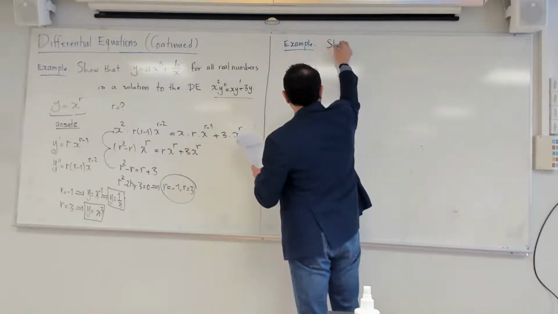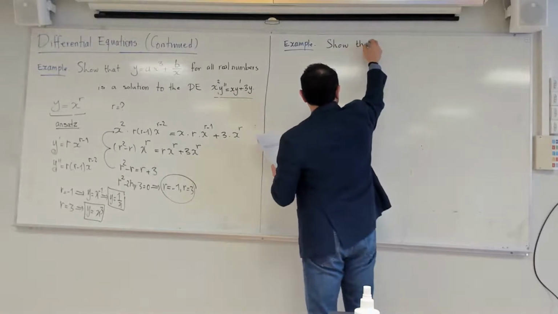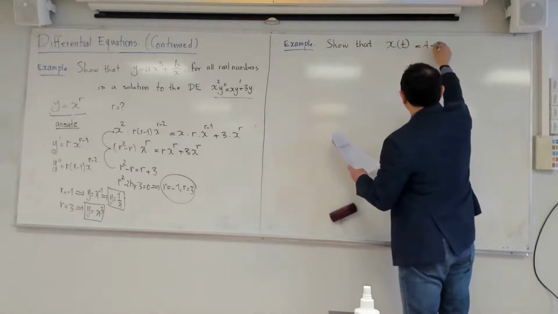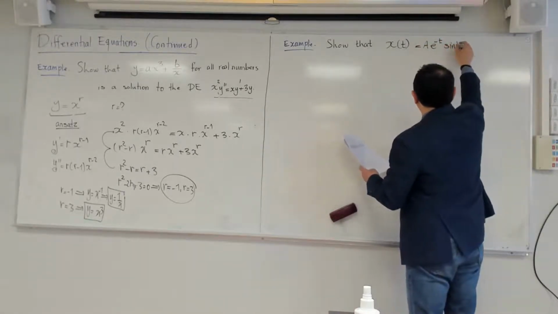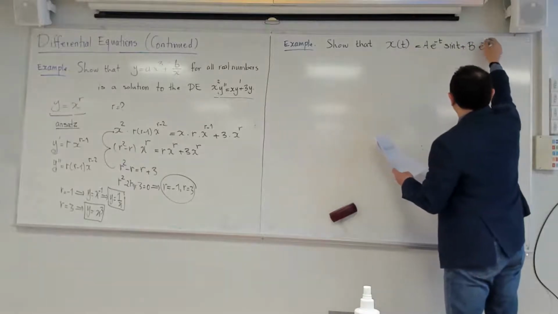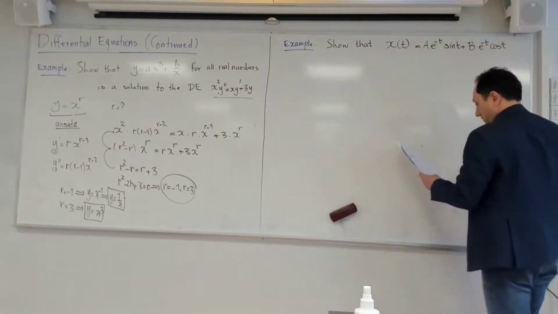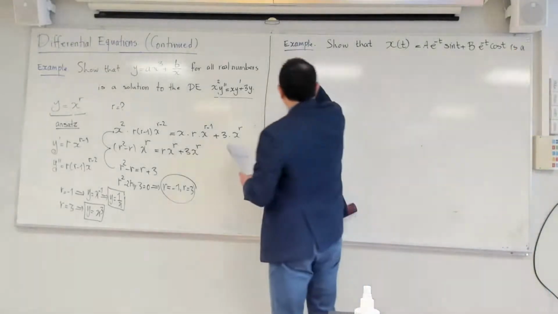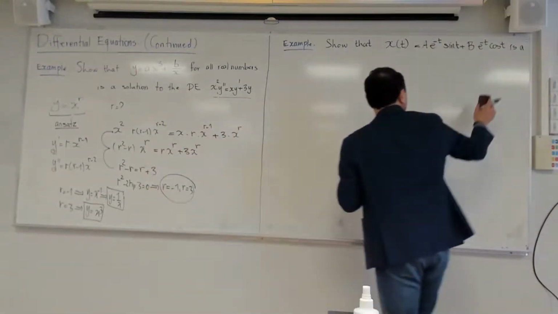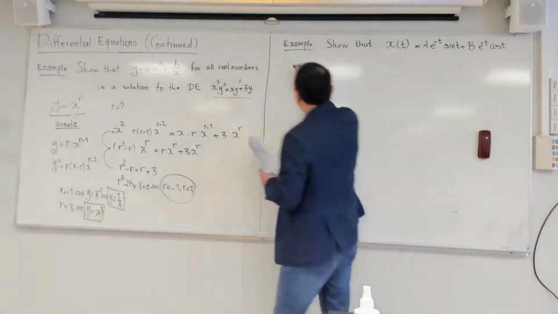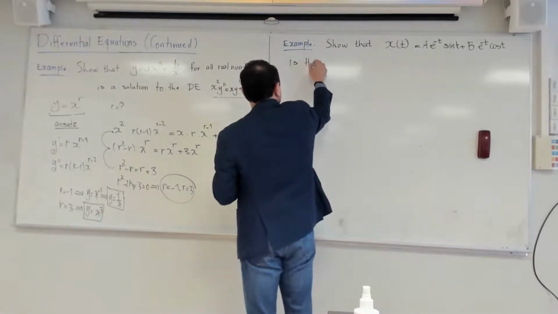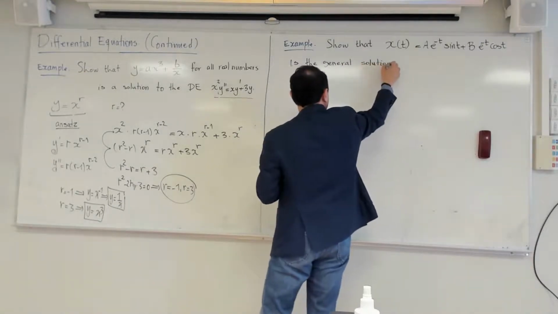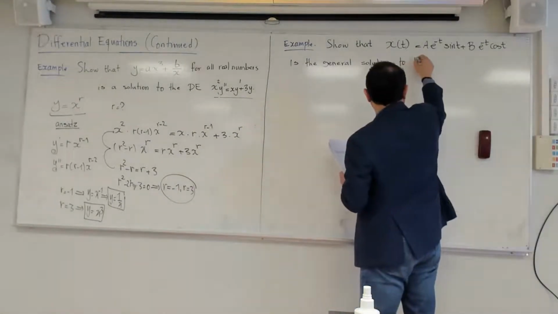Show that x of t equals a e to the power minus t sine t plus b e to the power minus t cosine t is the general solution to the following differential equation.